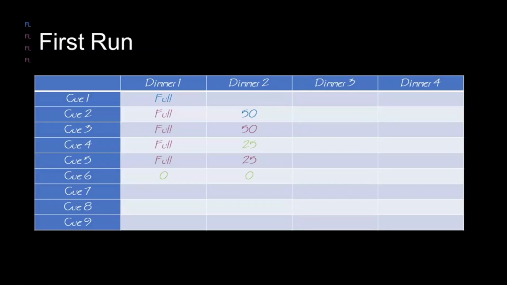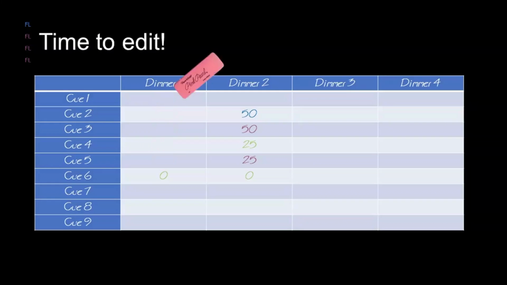So let's talk quickly about editing and where tracking comes from. What we've been describing is move fade behavior. It's the move side of move fade behavior, which is to say nothing is going to change unless I give it a move instruction, period. That is how these things work. So if I decide that I no longer want dimmer 1 to be at full at Q1, I erase that level and put a new level in.